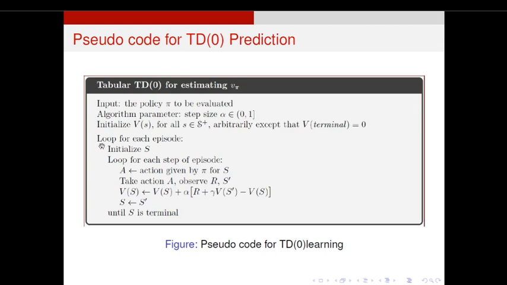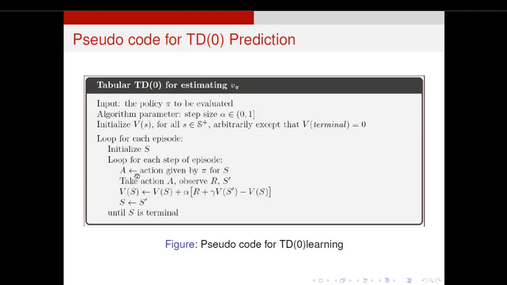Okay. Then loop over each episode. We have to consider many episodes to get a good result. For each episode, that means a movement from the starting state to our end state, initialize s. That means we just fix a state s. Loop for each step of the episode. We start from s1, s2, etc., to the end state.